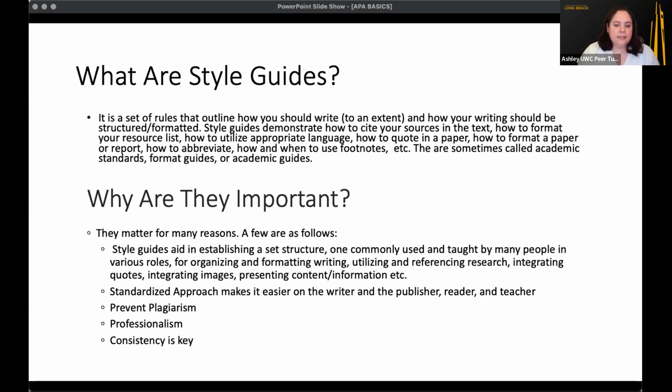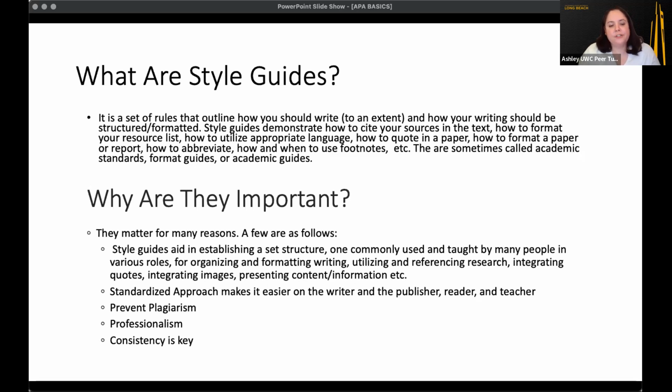They establish a structure commonly used and taught by many people in various roles for organization and formatting writing, utilizing and referencing research, integrating various quotes, integrating images, presenting content, information, etc. They also standardize an approach that makes it easier on the writer, the publisher, the reader, the professor.